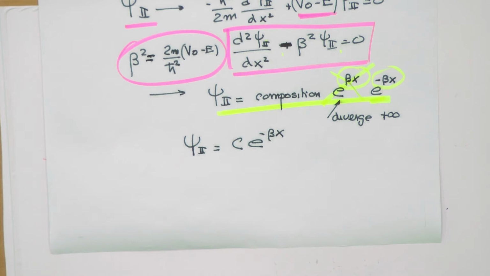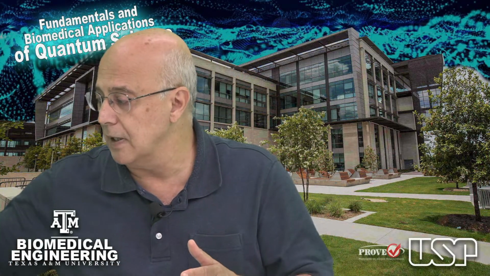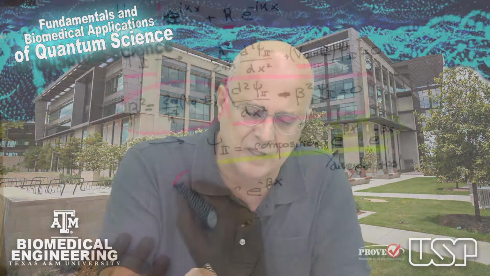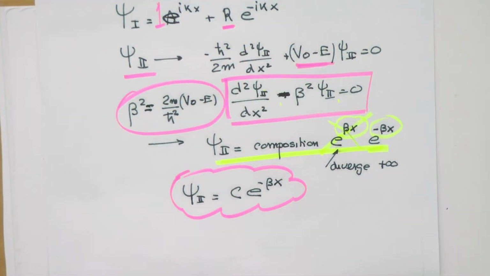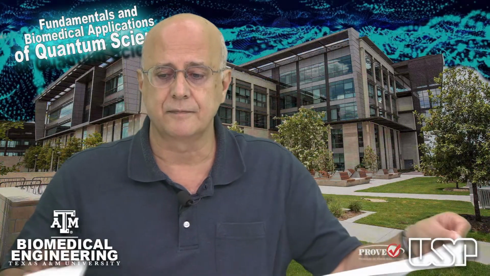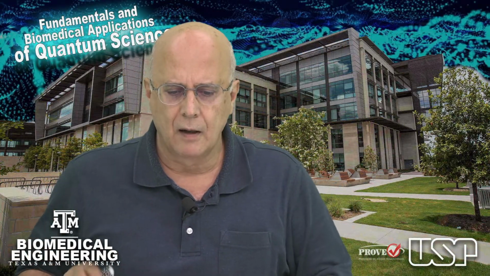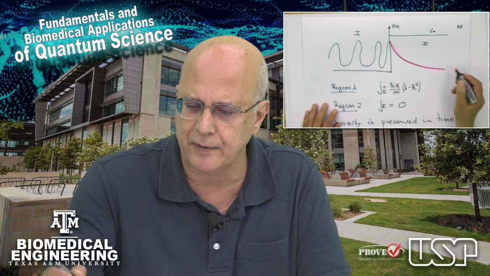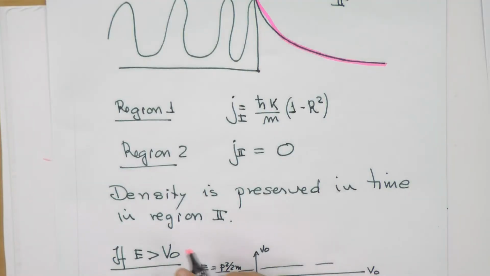That's the only one that obeys the fact that the wave function must die to 0 at plus infinity, because the particle cannot survive there. So the second function is like this, and the picture we have for this is just the oscillatory wave here, and a spontaneous decay when we get inside the step.